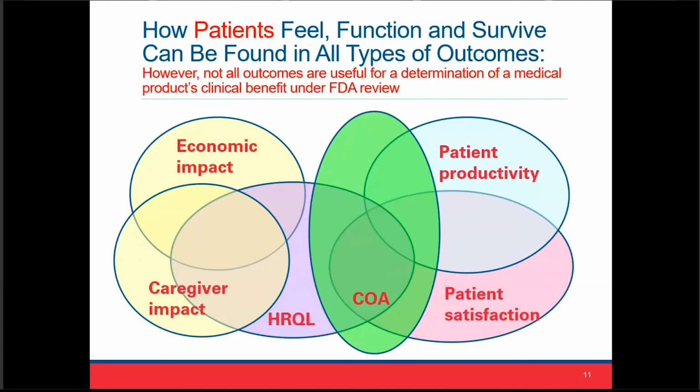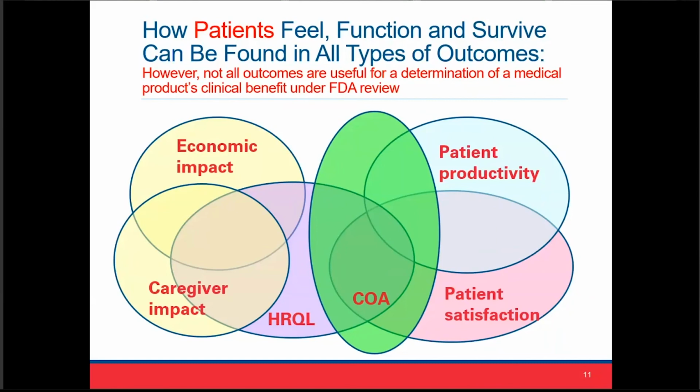This is evident in something like a child with ADHD, and the drug really can have a beneficial effect on how the caregiver feels and functions. However, that is not the basis for drug approval in that condition. There are health-related quality of life measures that may fit under clinical outcome assessment, but then there are others that are less useful, and we're not here to talk about all that.